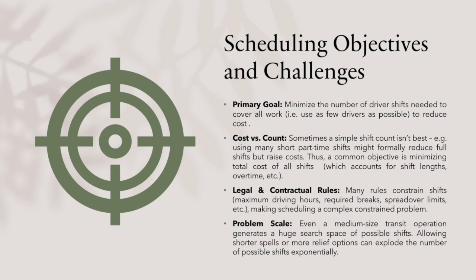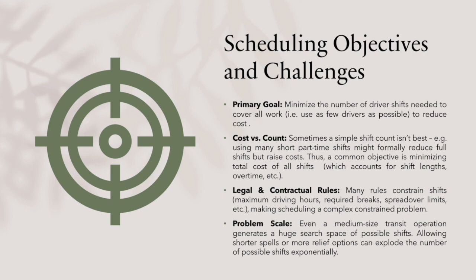Legal and contractual rules: many rules constrain shifts, such as maximum driving hours, required breaks, and spread over limits, making scheduling a complex constraint problem. Problem scale: even a medium sized transit operation generates a huge search space of possible shifts. Allowing shorter spells or more relief options can explode the number of possible shifts exponentially.